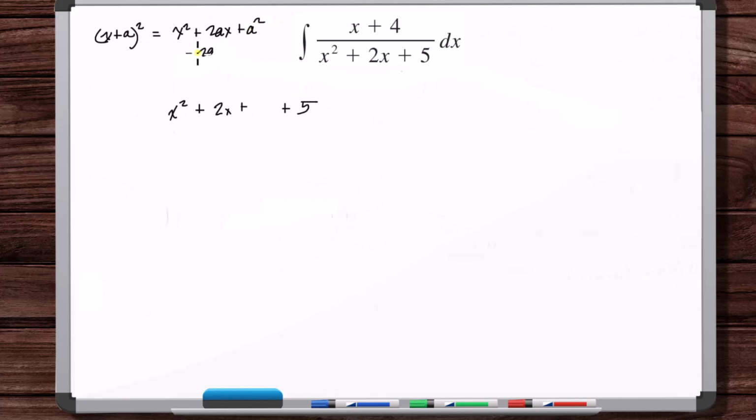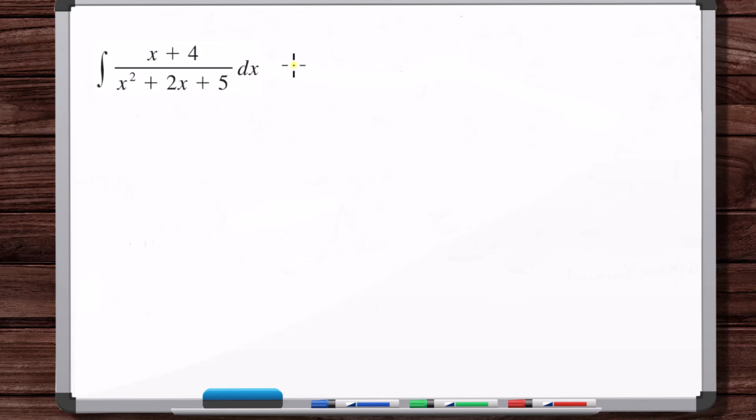So in this case, 2a is equal to 2, so a is equal to 1. 1 squared is 1, and now we put a minus 1 to not change the equation. So we've got x plus 1 squared plus 4.